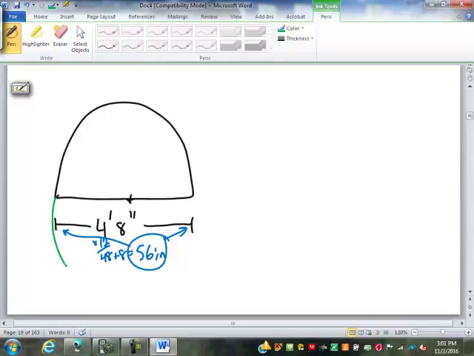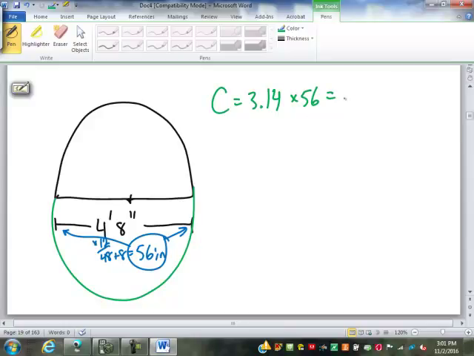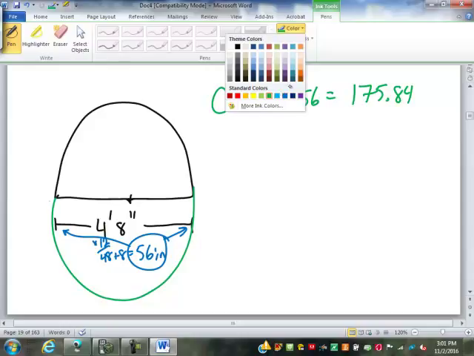Now if I were looking at the full circle, the circumference would be pi, or 3.14, times the 56-inch diameter, which is 175.84. And of course, we only want half the circle.